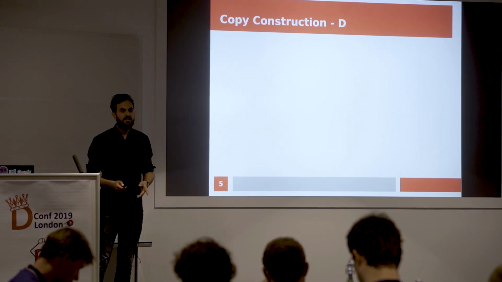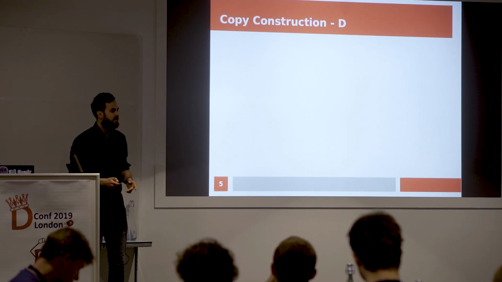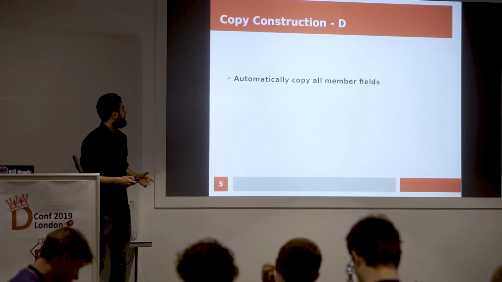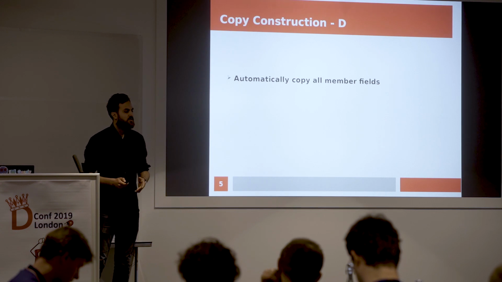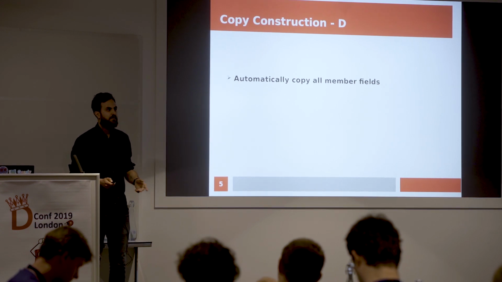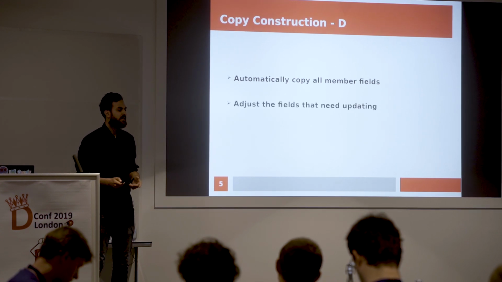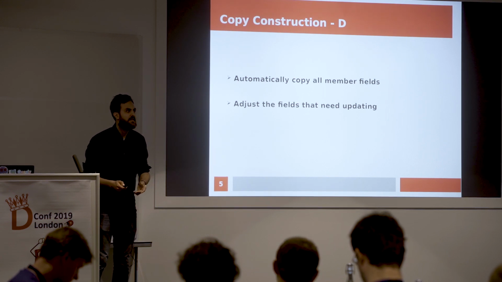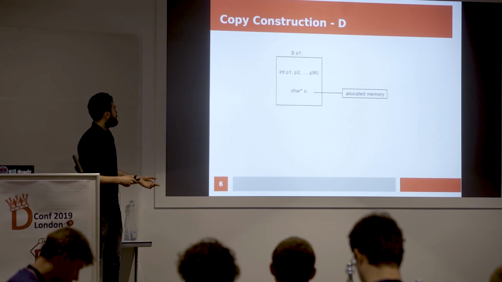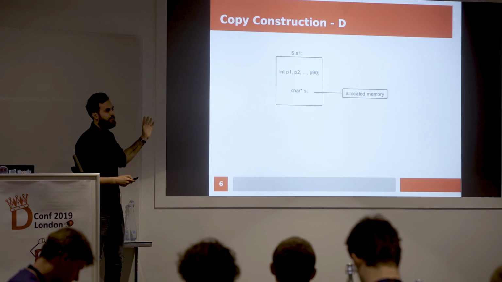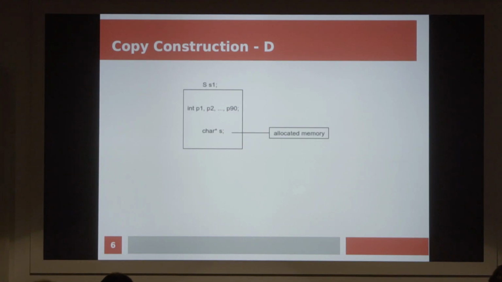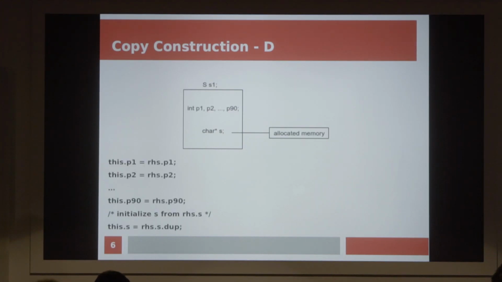Now, let's see what D's take is on this. So basically, in D, the copying is done automatically to a new object, and then control is passed to a function, which is called a post-blit, that adjusts the fields that need updating. So, in this situation, let's say that you have more fields with which you are content with normal copying. In C++, you'll have to write this code where you initialize all the fields, although you are content with these fields being byte-wise copied.